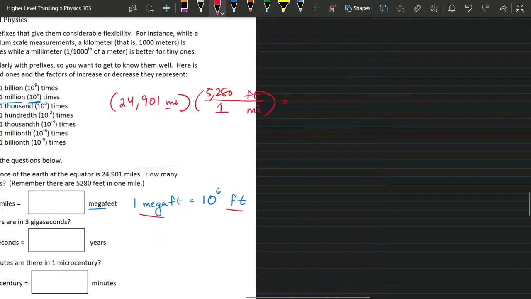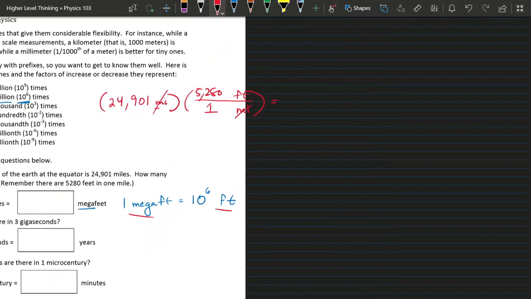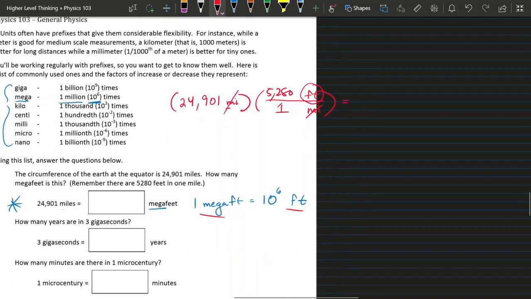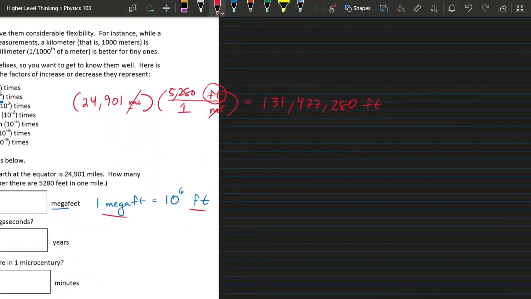So that gives us miles canceling with miles, feet remain. Let's see how many feet we have left. So 24,901 multiplied by 5,280, and we get quite the number. We have 131,477,280 feet.